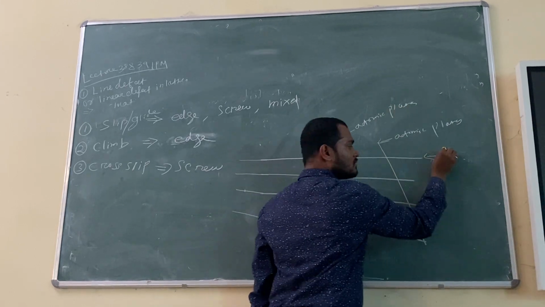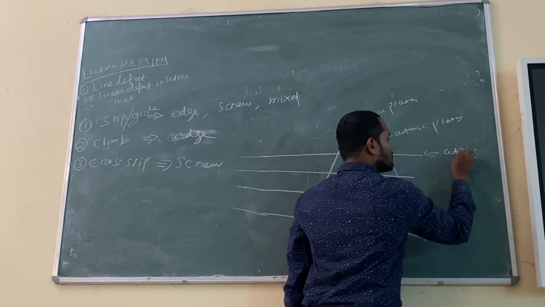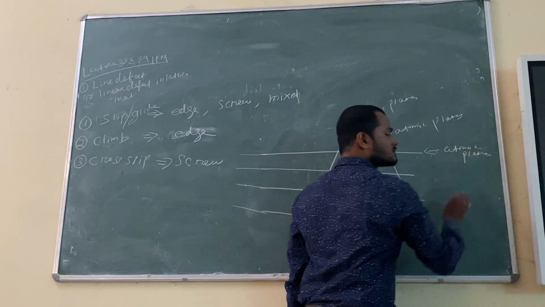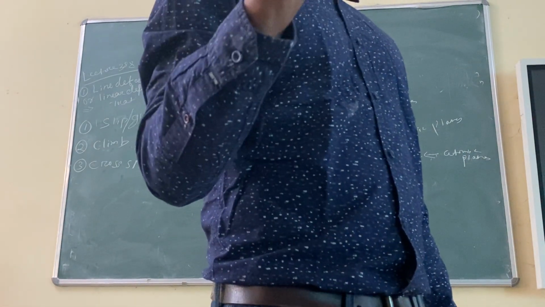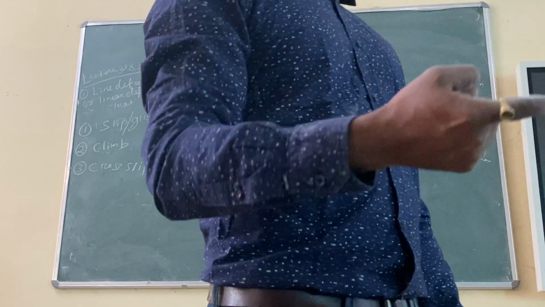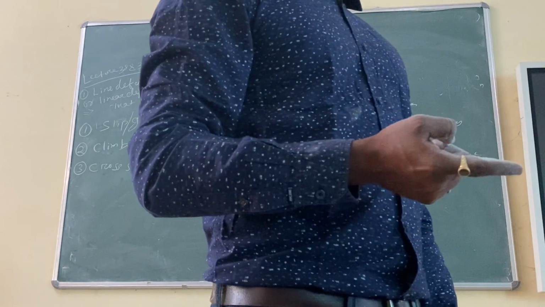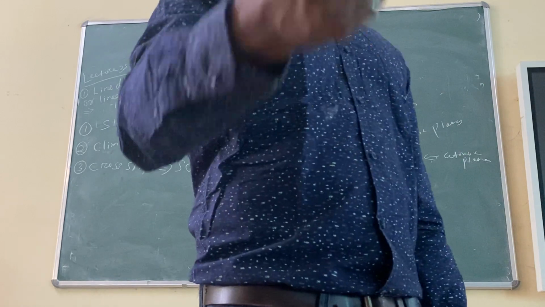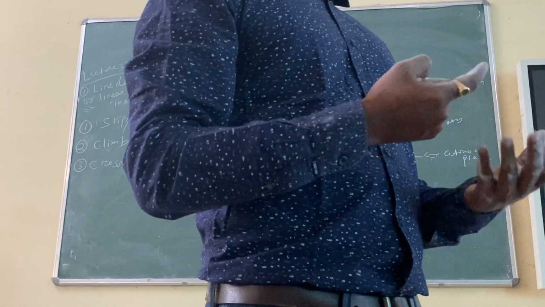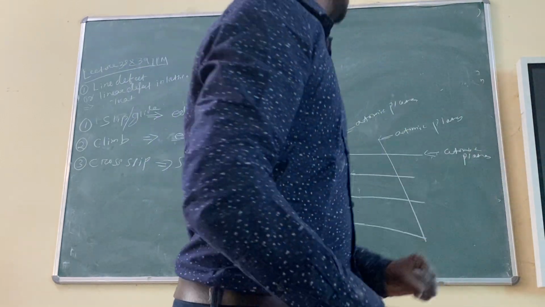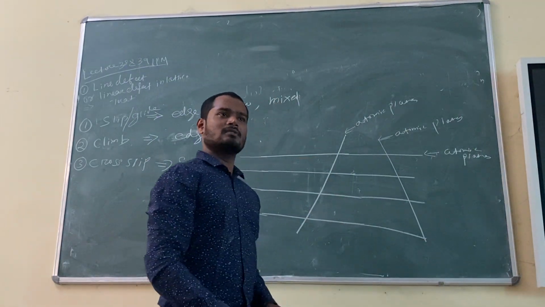And these are also atomic planes. I told you slip never occurs in any crystallographic plane or any crystallographic direction. It only occurs in close-packed planes and close-packed directions. And that close-packed direction must be present in that close-packed plane only. Otherwise, slip will never occur. Slip never occurs randomly, right? So you have a lot of planes, right?